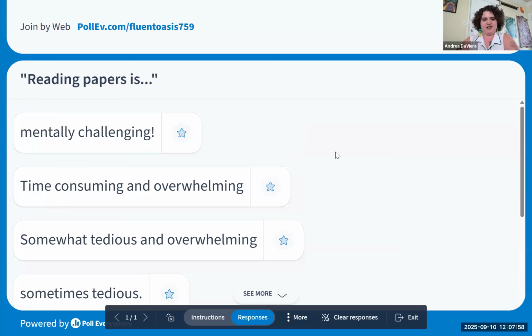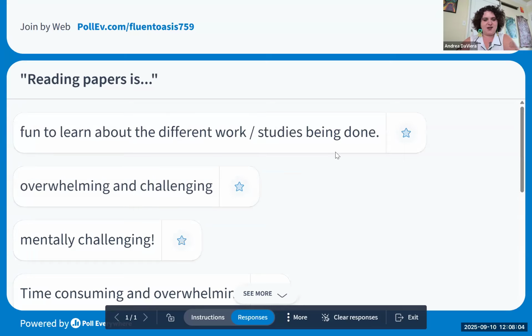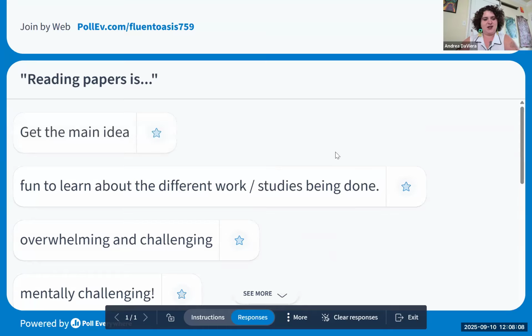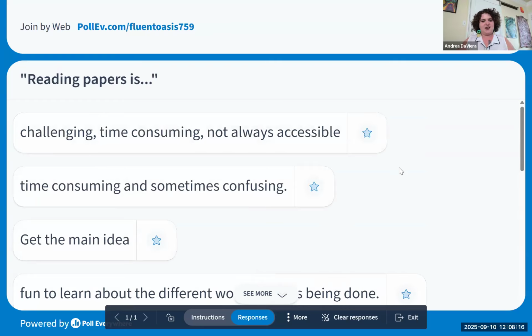Mentally challenging. So I'm seeing a lot of overwhelming, challenging, time consuming, but it is also fun. I love that someone put that in too. It helps you get the main idea, sometimes confusing. So I think they get the idea. It's not always accessible too.